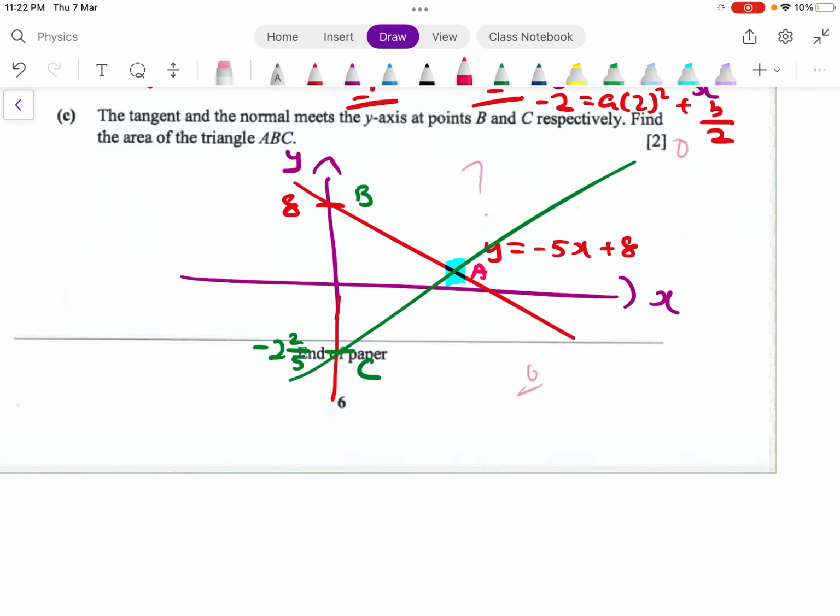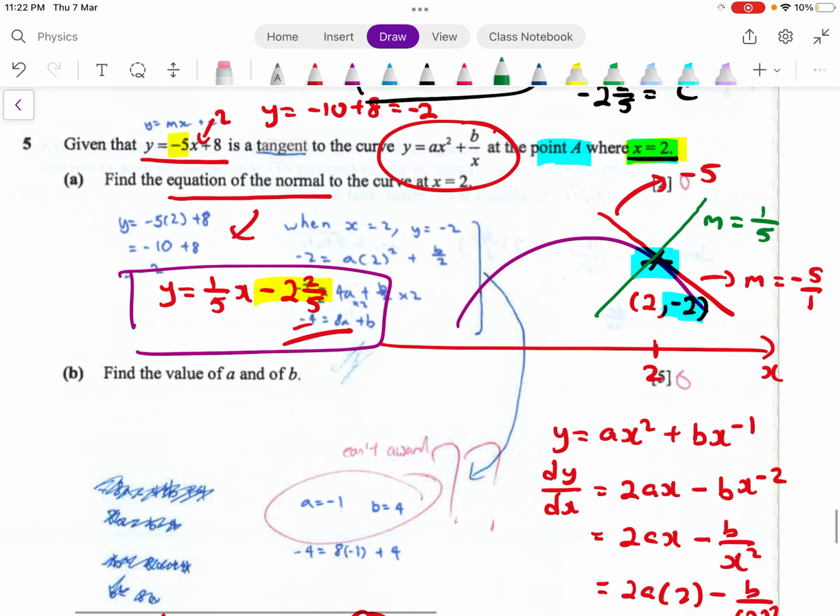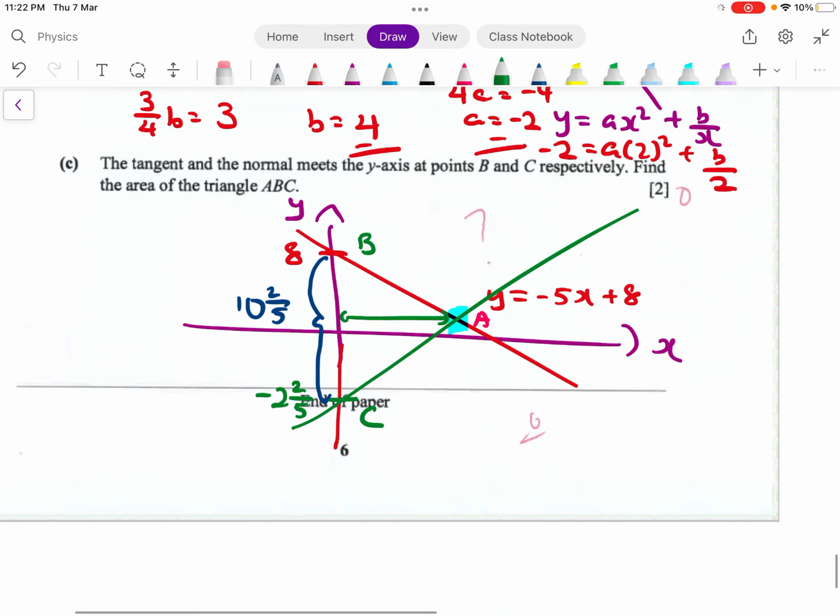So how do I actually find the area of ABC? First thing, I already know this length is about 10 2/5. The next part I want to find is the height, from the origin on the x-axis to point A. We know that point A is 2, negative 2.